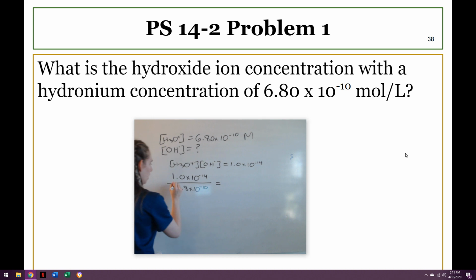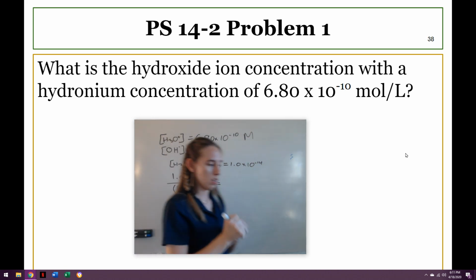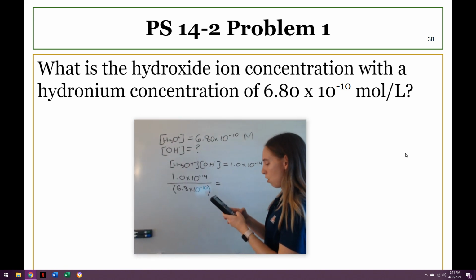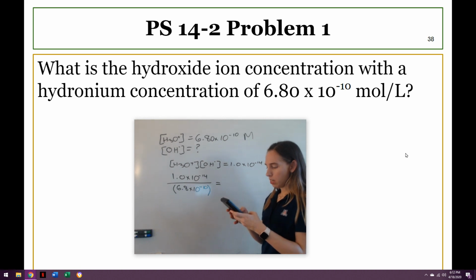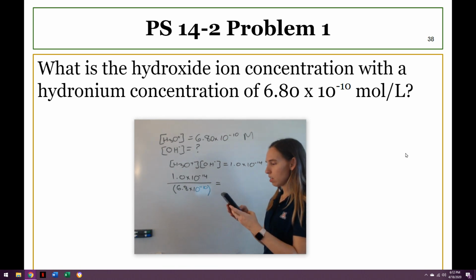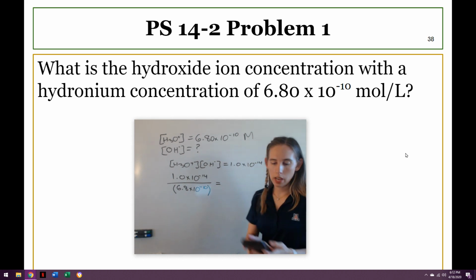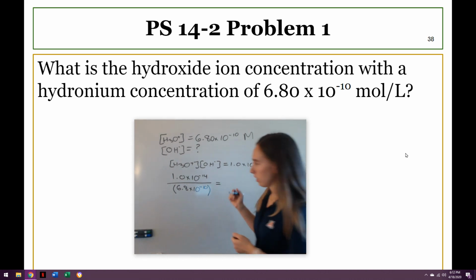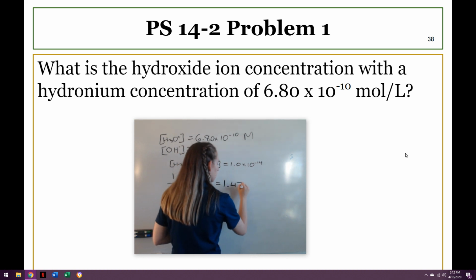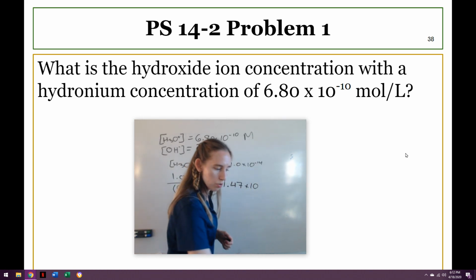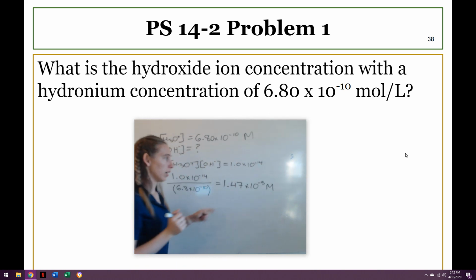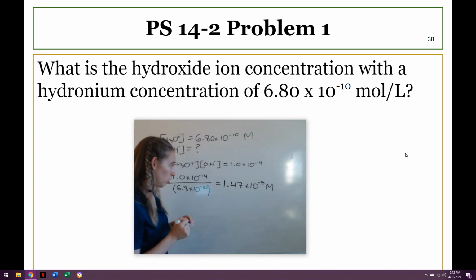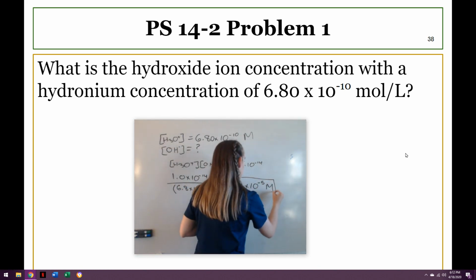Let's write them in so we don't forget. 1 times 10 to the negative 14 divided by parentheses 6.8 times 10 to the negative 10, close your parentheses, and we have 1.47 times 10 to the negative 5 molarity. That's your hydroxide concentration. That's the end answer for this problem.